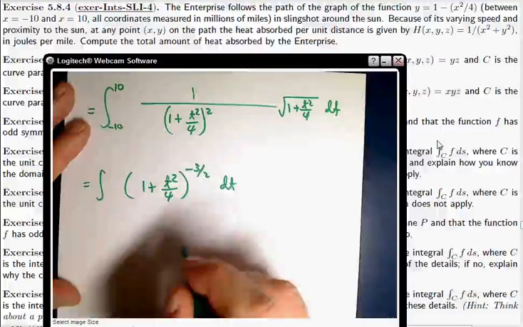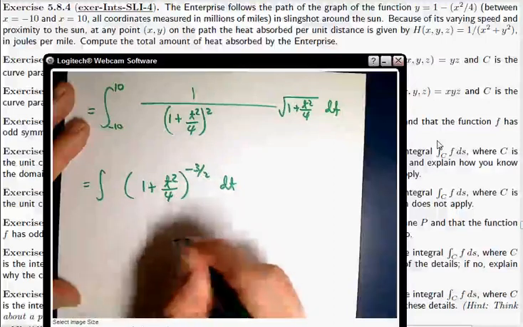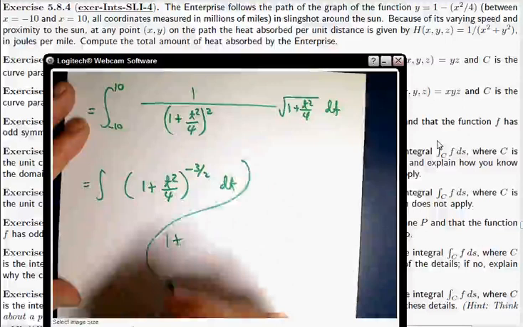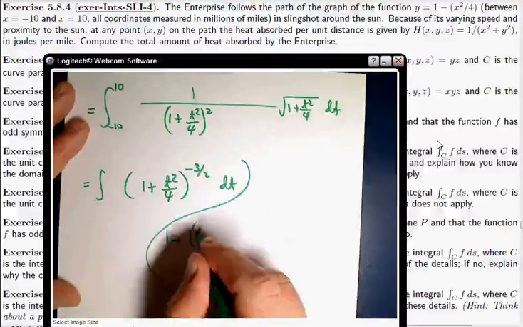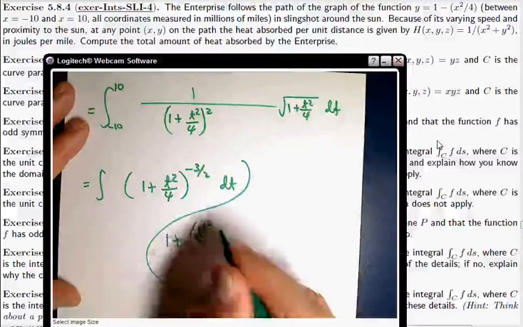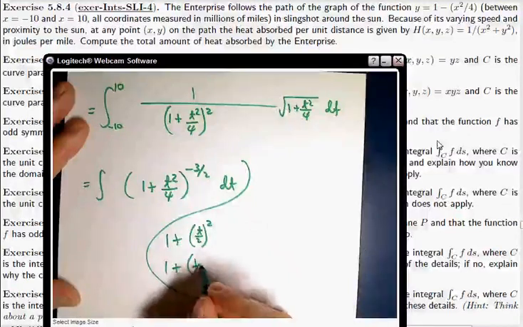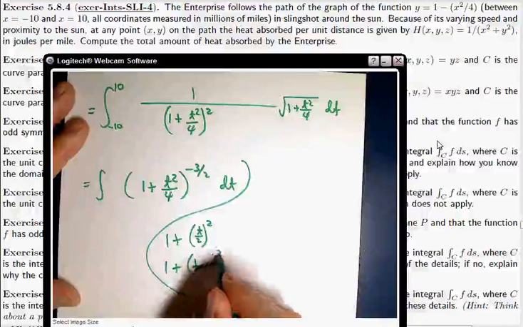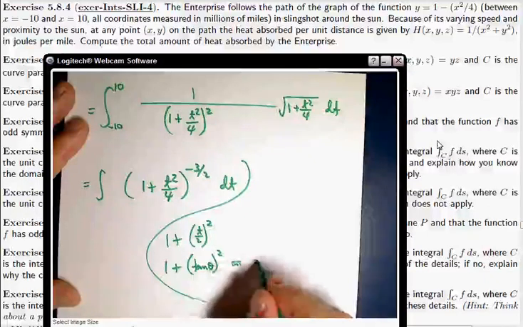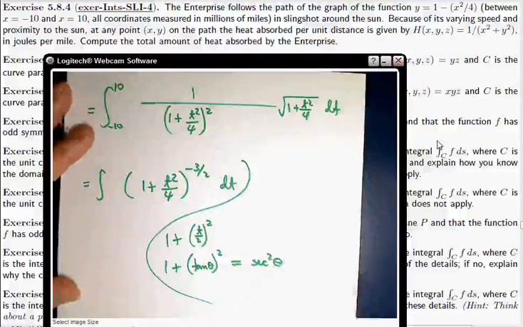So I'm gonna rewrite, this is a little sidebar over here, 1 plus t over 2 squared. I would like that to be 1 plus tan theta squared so that I can rewrite it as simply secant squared and use trigonometry identities, which is awesome.